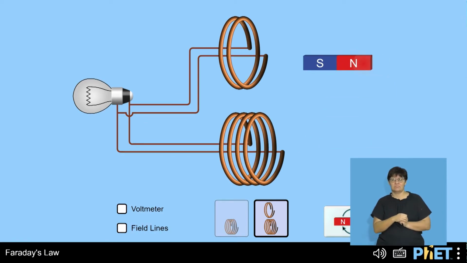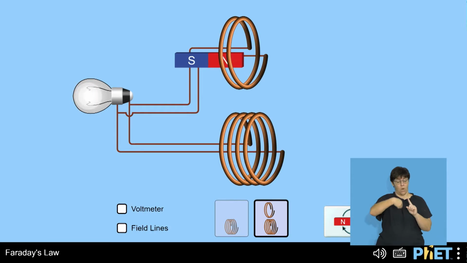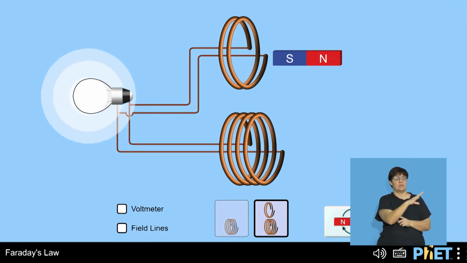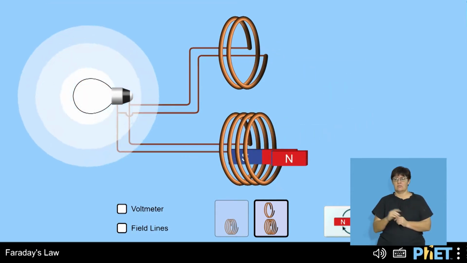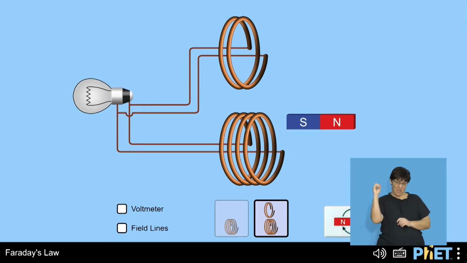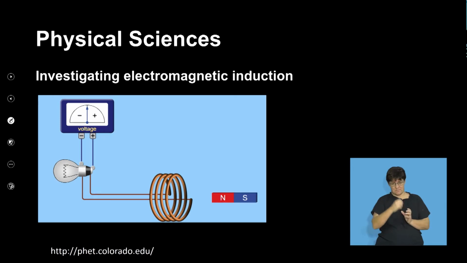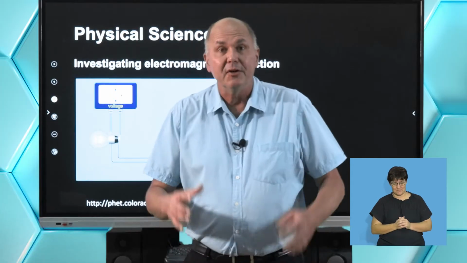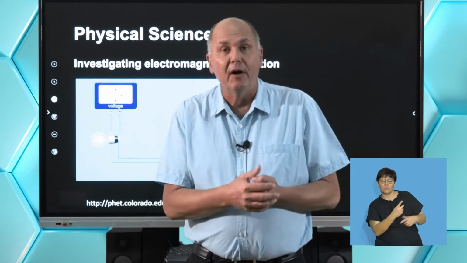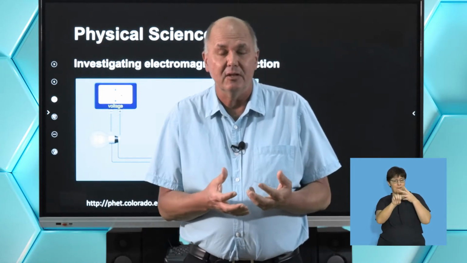If I put it through a smaller coil and try to move it more or less at the same speed, you'll see the light bulb is going on and off. But through the bigger coil, it looks to me like the light bulb is burning brighter. So as we do this sort of experiment, there are lots of observations that we can start to look at.